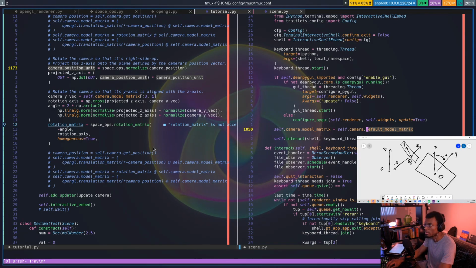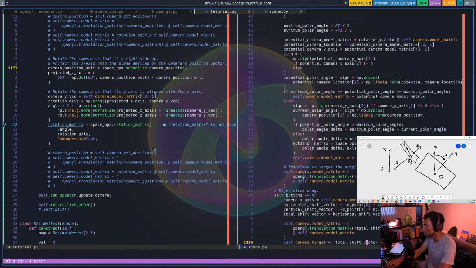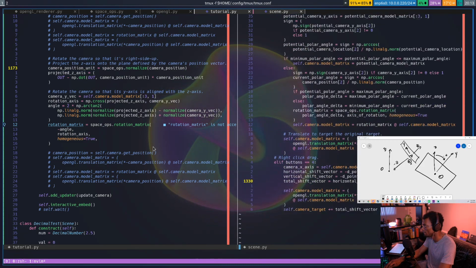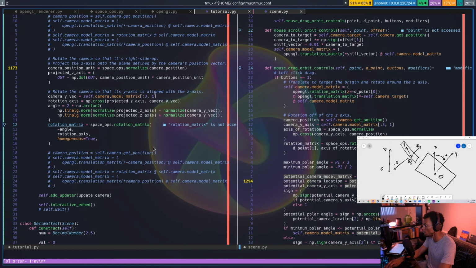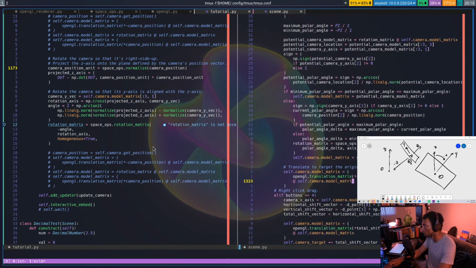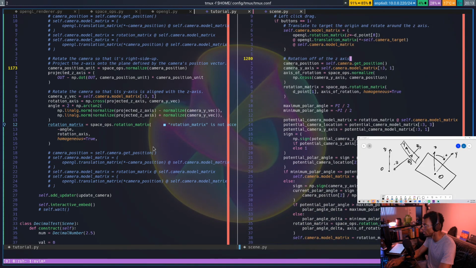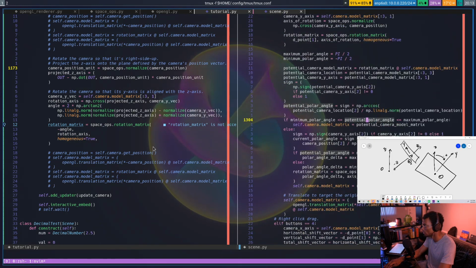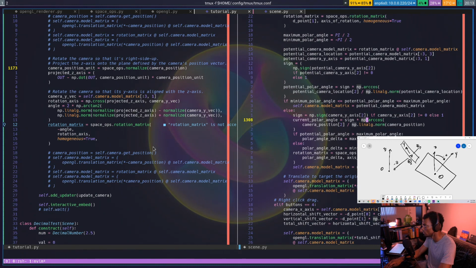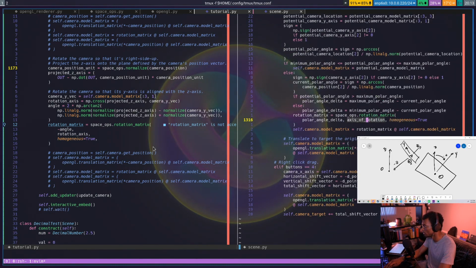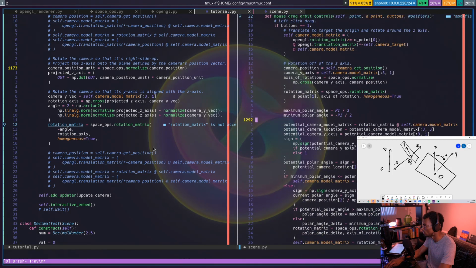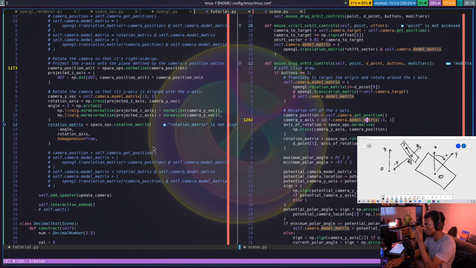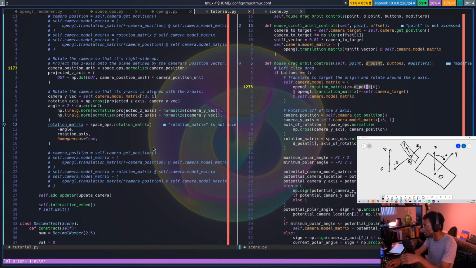Let me see the way it happens in the dragging logic. It's rotation off of the z-axis. Where's the rotation around the z-axis? There's D point at 0.